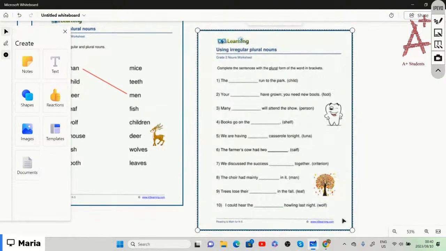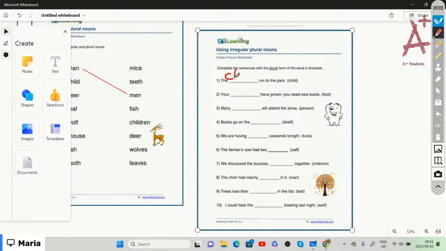All right. So now the last one, where we need to choose or use the irregular plural nouns, where we're going to show the plural nouns. The children ran to the park. So we're going to say children.